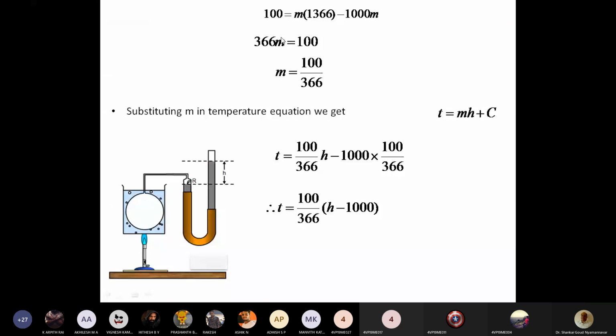So if I substitute this here, I get the value of M. M is equal to 100 by 366.